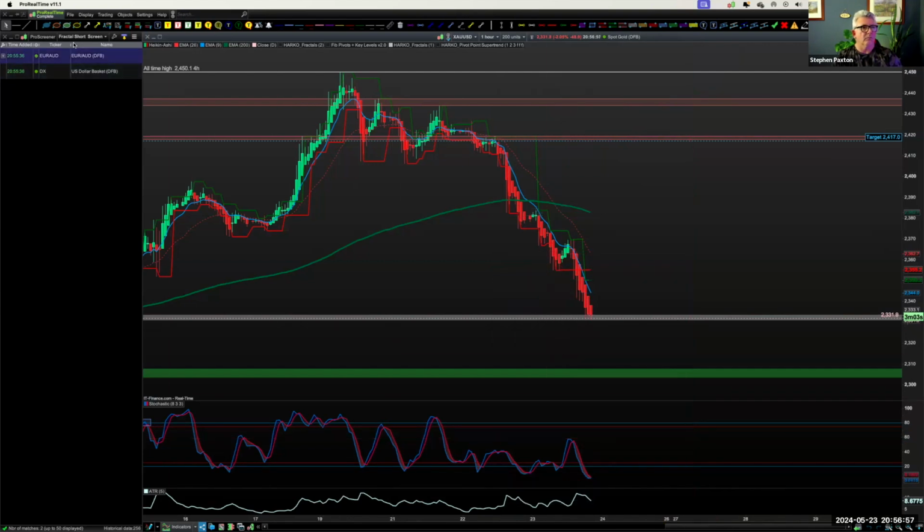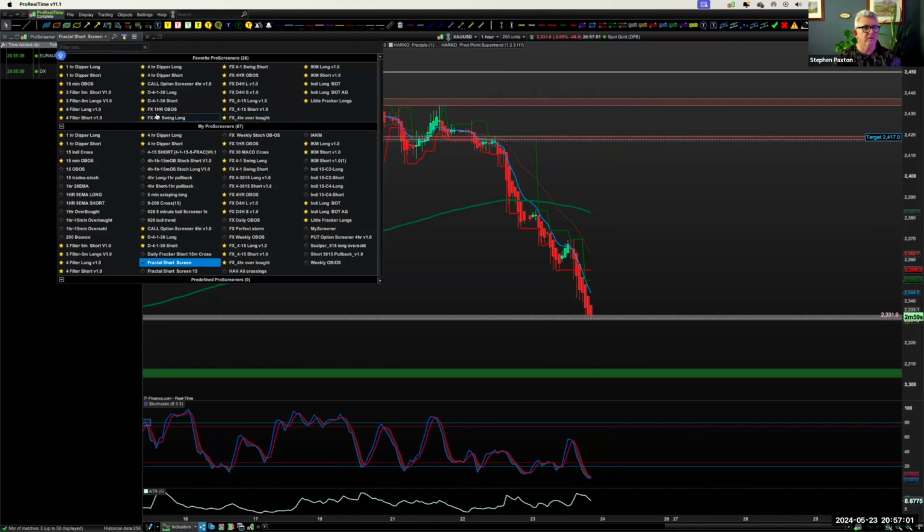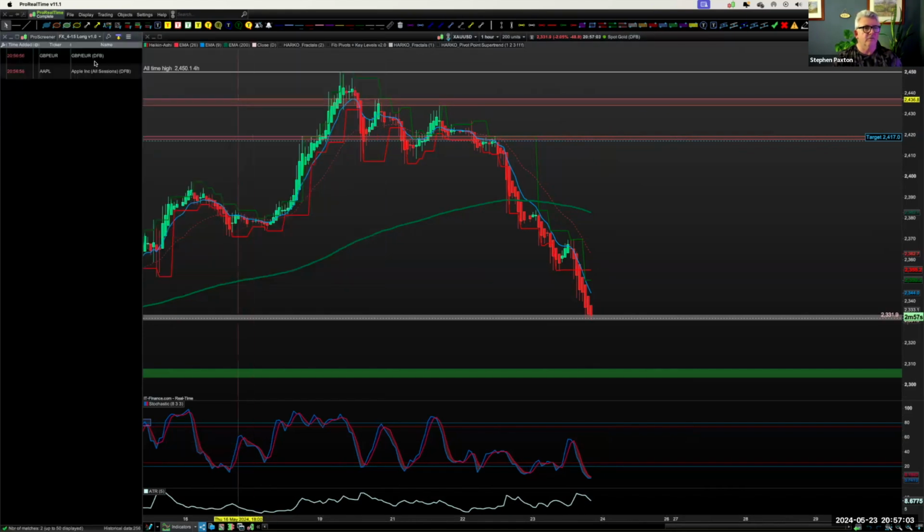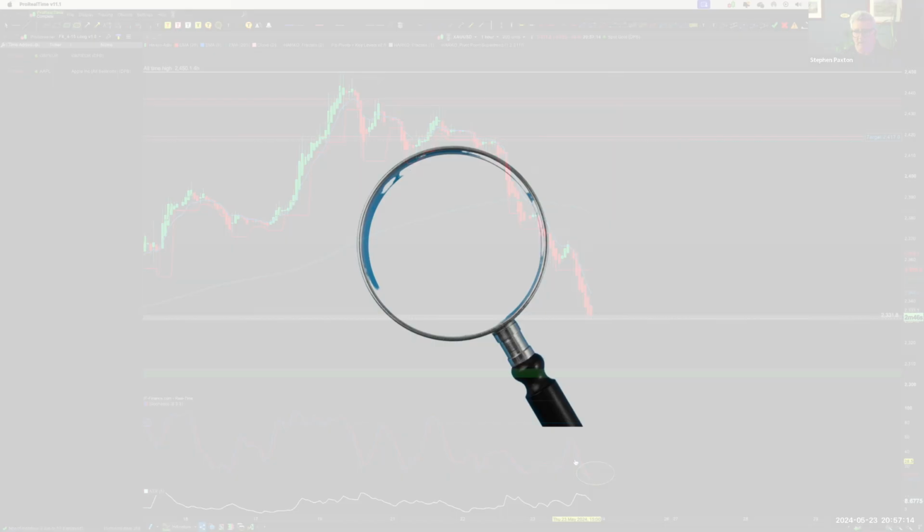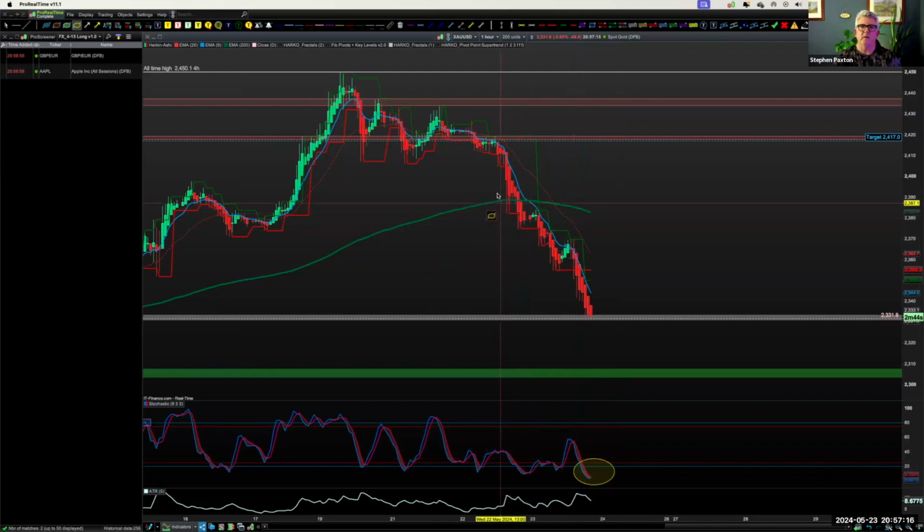We'll also be looking at our fractal bots and all our different AI screeners to try and find some live trades. As we've seen, we'll go through all the screeners as well. On gold, we've got a really nice stotch pullback on the 1 hour. So quite exciting, and we probably can do really well out of gold tomorrow.